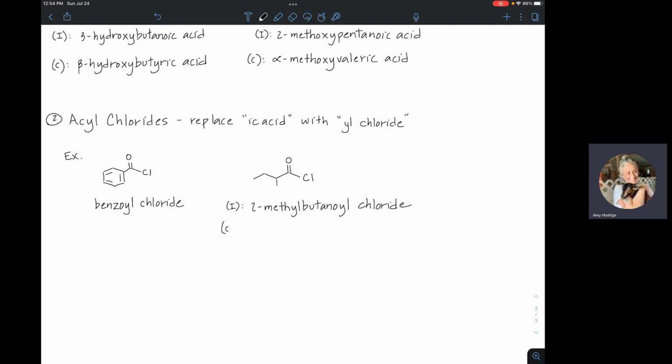Common nomenclature. So on the alpha carbon in common nomenclature, we have a methyl group. And instead of butyric acid, we have butyryl chloride.